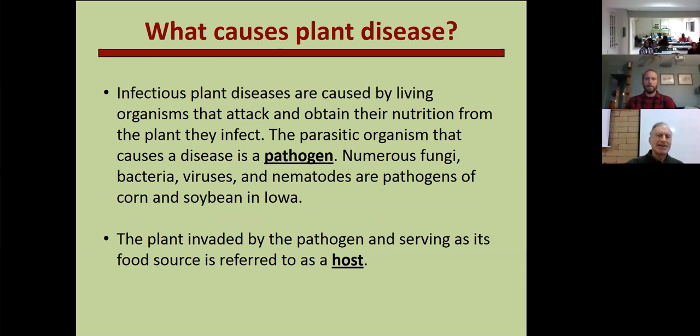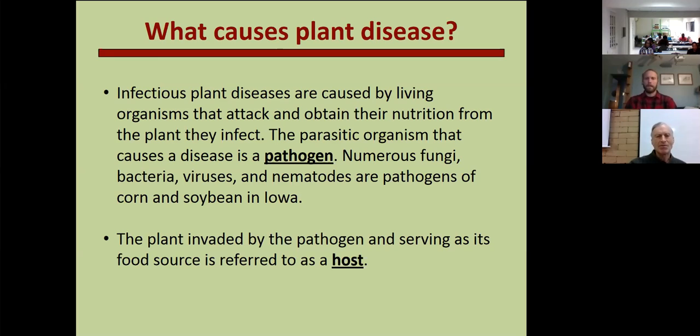So there are infectious diseases and there are non-infectious diseases. Here we're talking about infectious diseases, which are caused by living organisms that attack the plant and obtain their nutrition from it. So a parasitic organism, a parasite, gets its nourishment from its host.